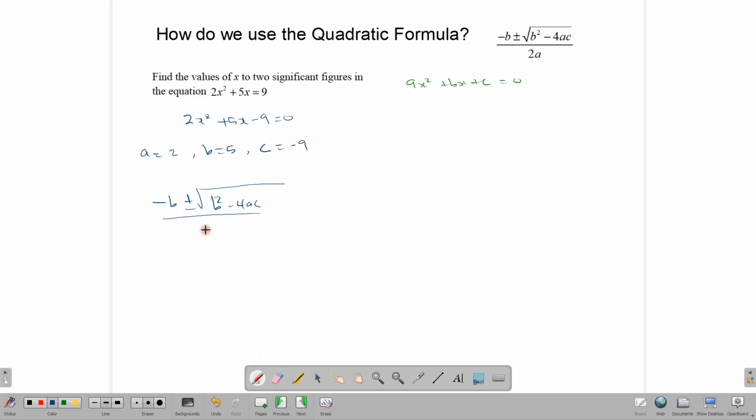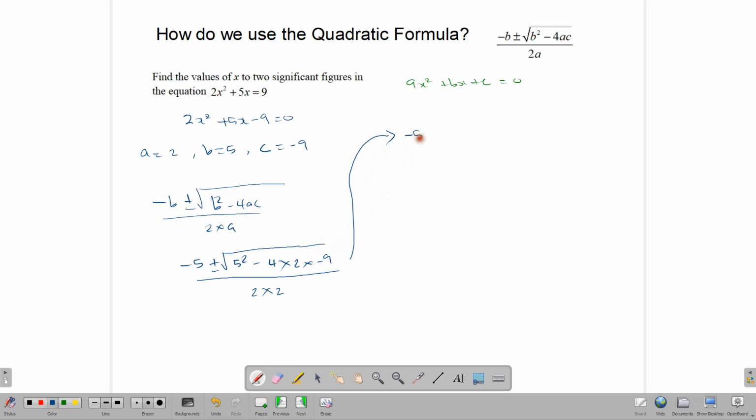Doing that substitution, we end up with minus b, which is minus 5, plus or minus the square root of b squared, b is 5, so we have 5 squared, minus 4 times a, which is 2, times c, which is minus 9, and we write all of that over 2 times a, which is 2 times 2.